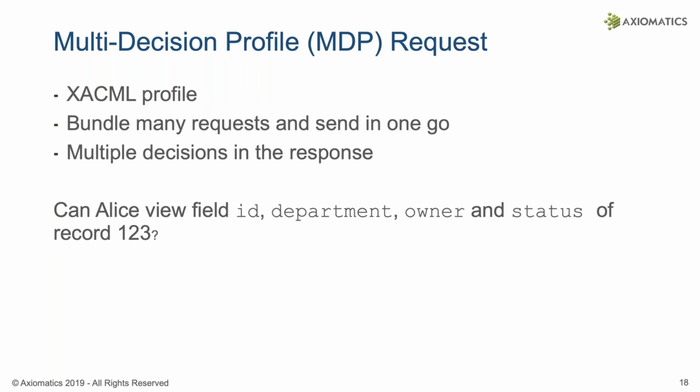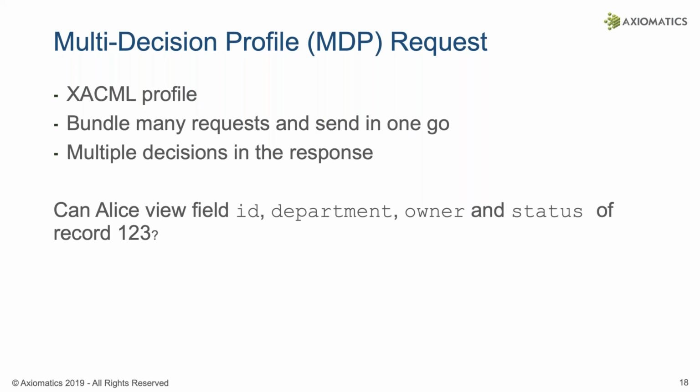If we move to the next technology that can be used for redaction and masking, it would be the multi-decision profile request. In this case, we're not going to leverage obligations at all.